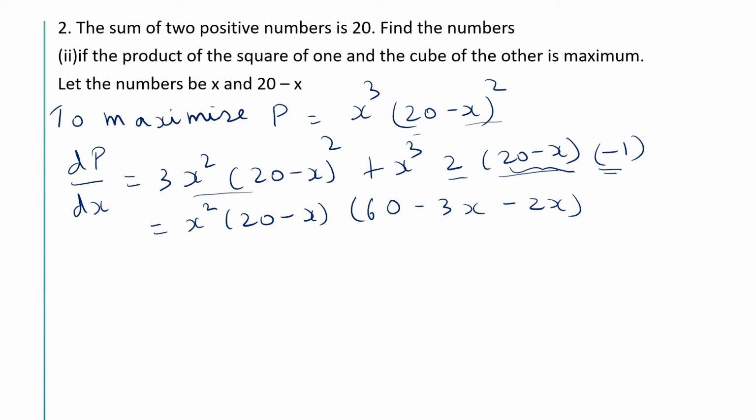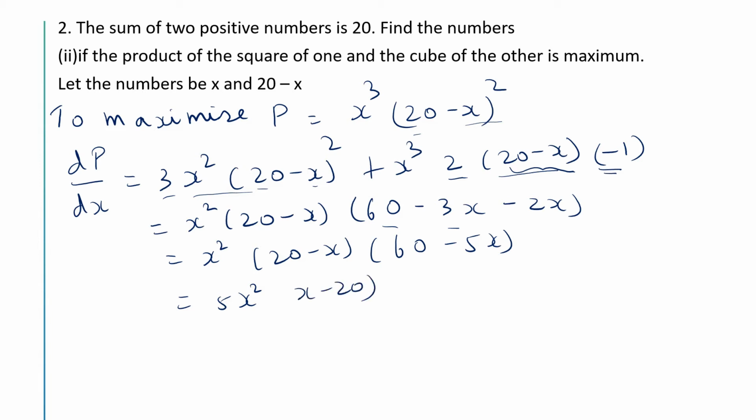So here we will have 3 into 20 minus x, which is 60 minus 3x, and here we will have minus 2x. So this is equal to x square into 20 minus x into 60 minus 5x, or it is 5x square into x minus 20 into x minus 12.